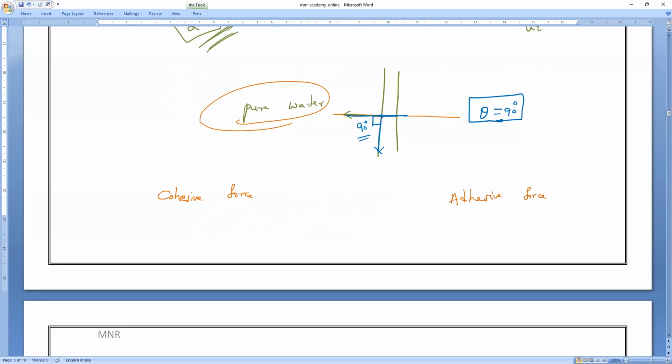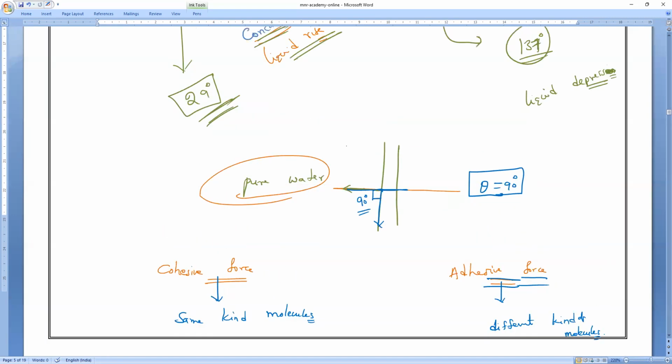Cohesive force means the force of attraction between the same kind of molecules. Adhesive force means the force of attraction between different kinds of molecules.